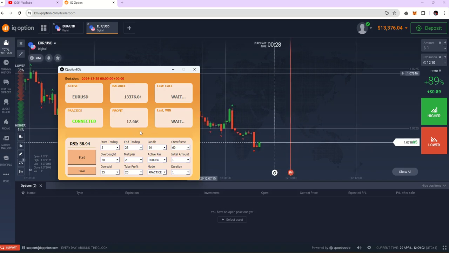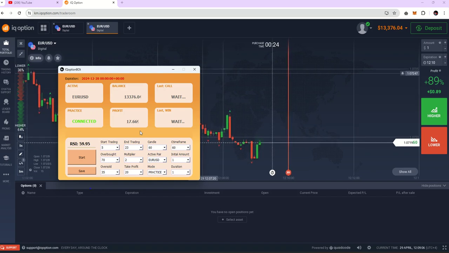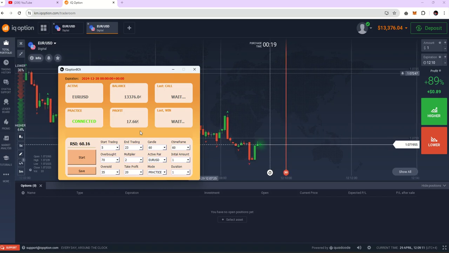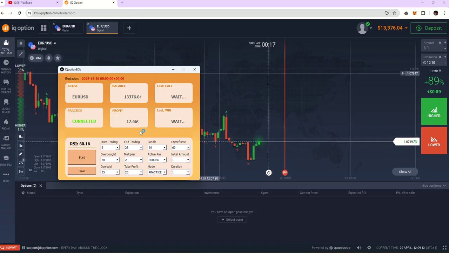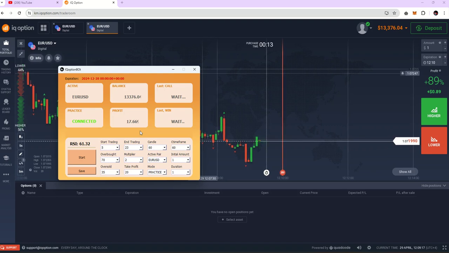So this is automatic, and on Friday it will stop the trade. On the weekend it will stop the trade and will continue on Monday. You don't need to close this one, just run it. If you have a VPS, you can run it using the VPS.